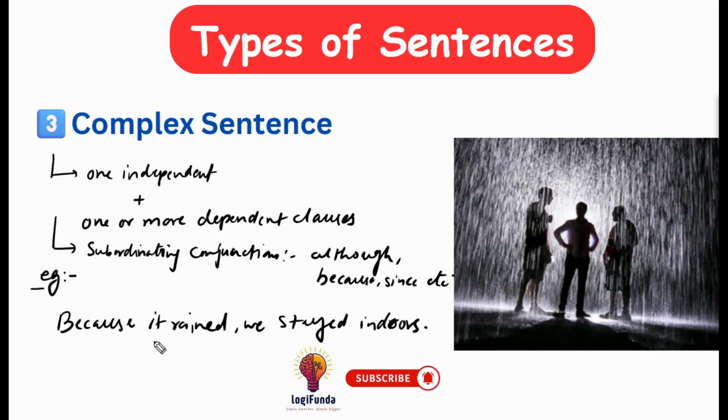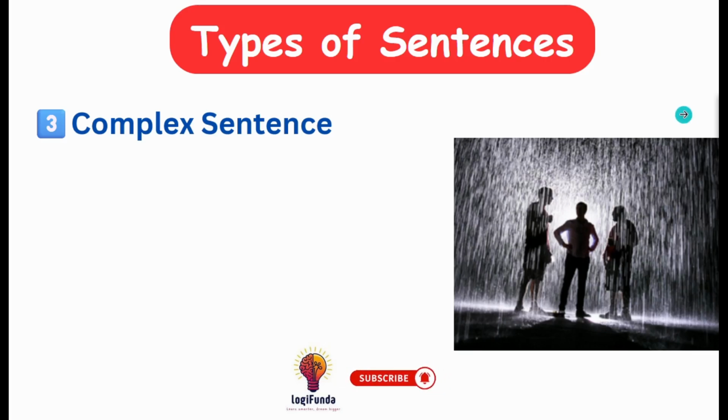So in the first clause we have it rained, okay, and the second independent clause we have we stayed indoors. And what is the subordinating conjunction between these two clauses? Because. Okay, so we have one or more dependent clauses here, and then we have a subordinating conjunction, although, since, because, etc. So these types of sentences are complex sentences.